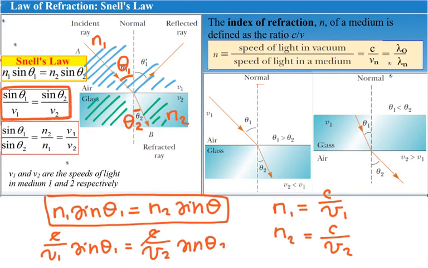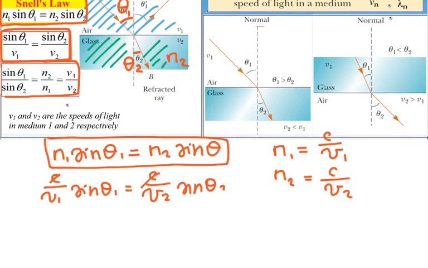So Snell's law originally states the relationship between the incident angle, the indexes of refraction, and the angle of refraction, the way it's written, but it also can be rewritten different ways, and it is easy to derive.